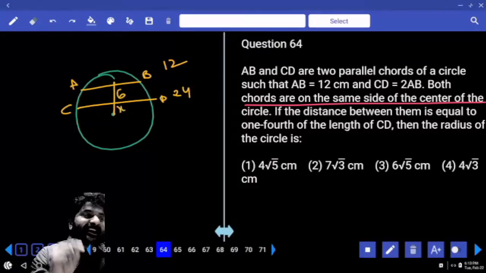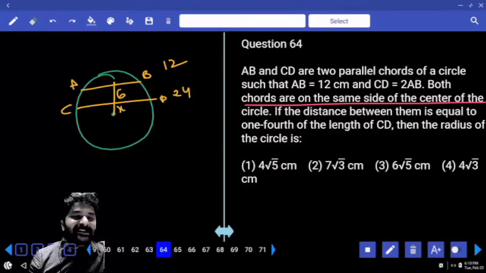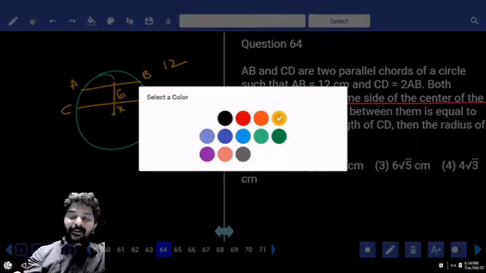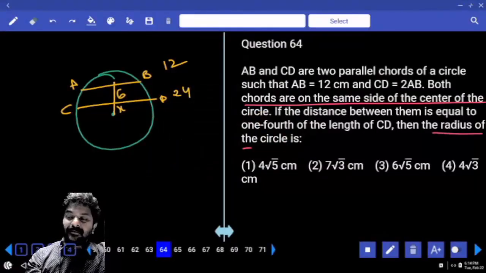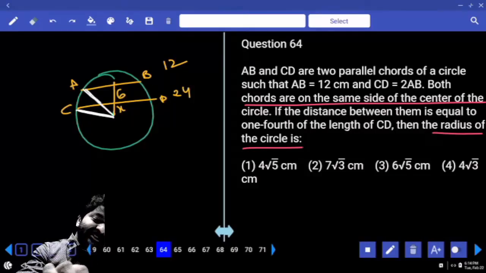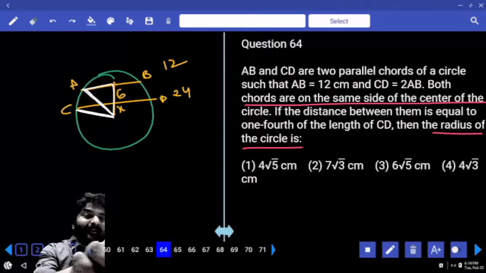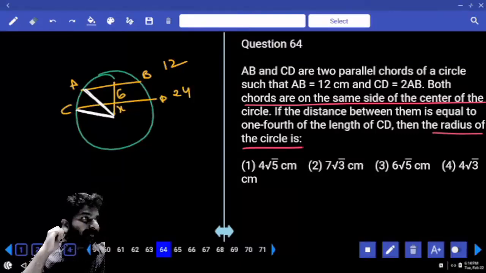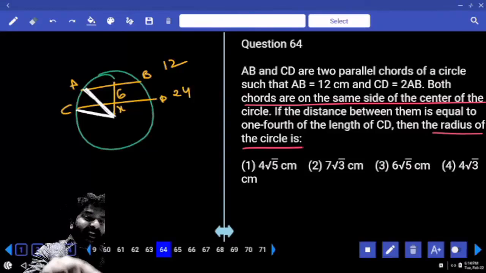Hence, I'll take this as X. Distance between chord CD and center is X. Distance between AB and center is X plus 6. Is this radius? Is this also radius? This is a right angle triangle. AOX, this is also right angle triangle. And this is hypotenuse, right?